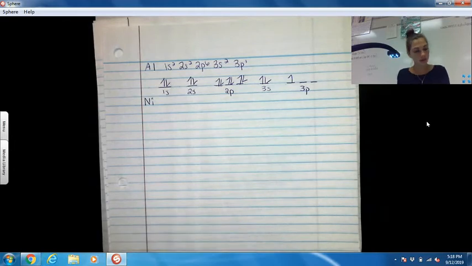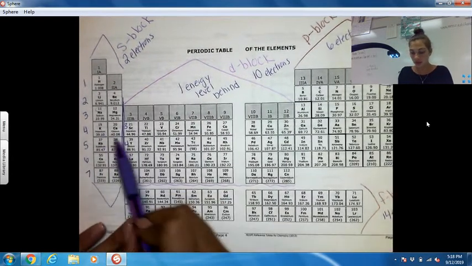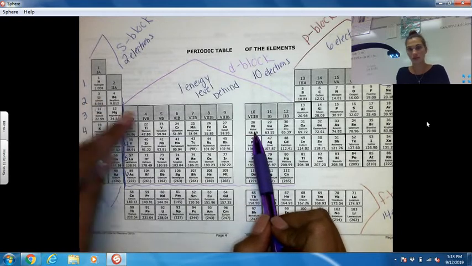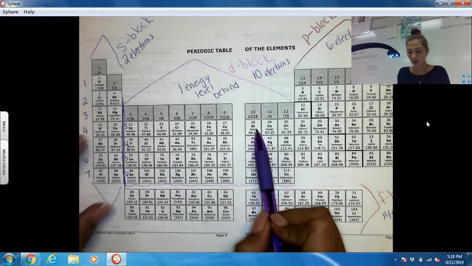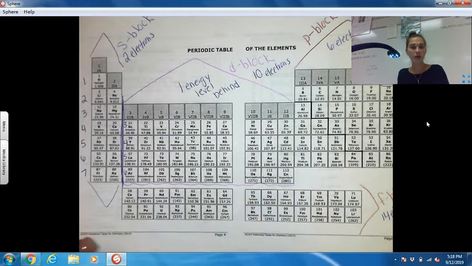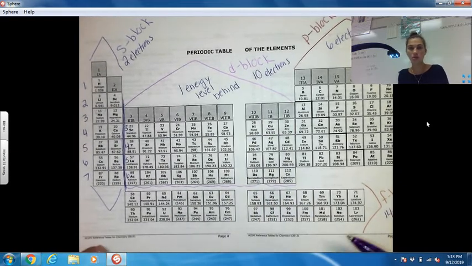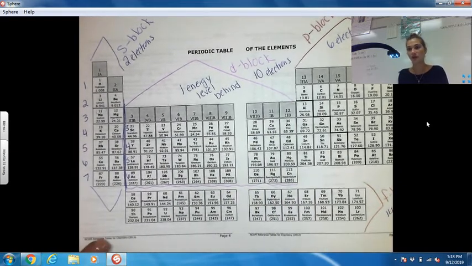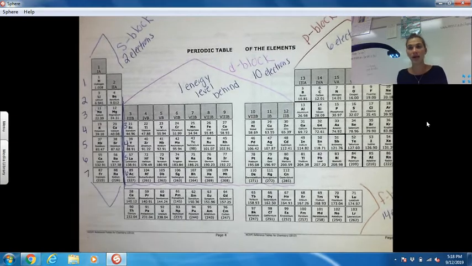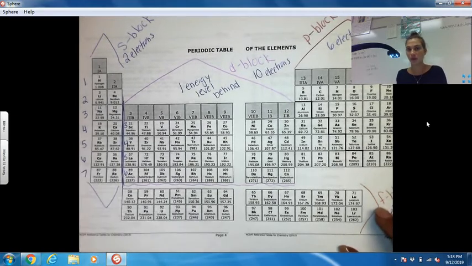Okay, let's try nickel now. Nickel is in our D block, so we have to do our entire electron configuration getting to nickel. Again, once you get used to doing orbital notation, you don't have to do your electron configuration first. It's just a good way for us to practice and make sure that we're not leaving out any other sublevels.